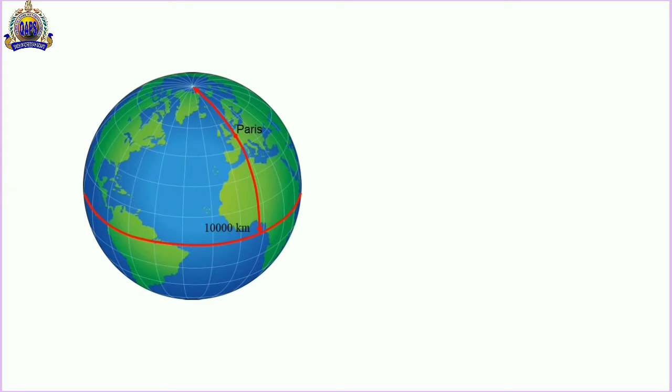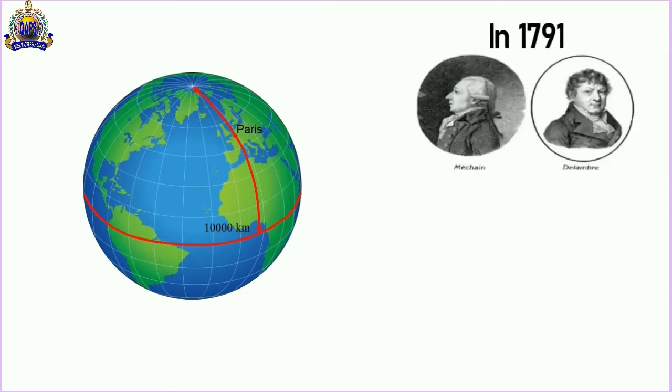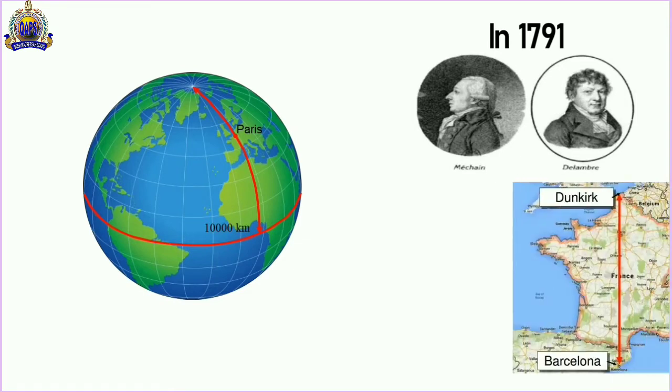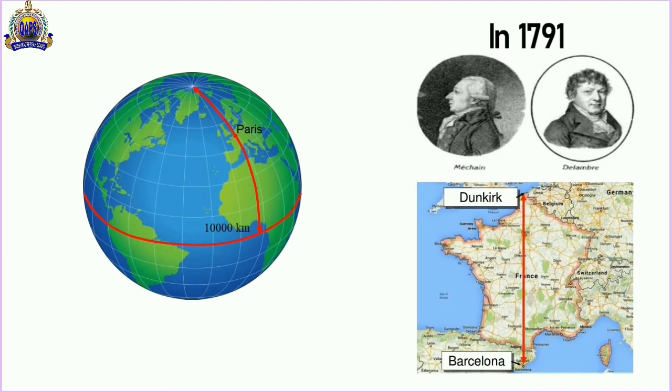Then another concept was given for the meter: the distance from the equator to the North Pole, going through Paris, should be divided by 10 million, and this would be counted as 1 meter.